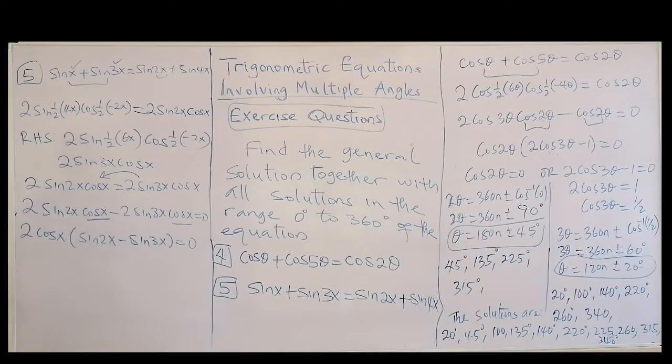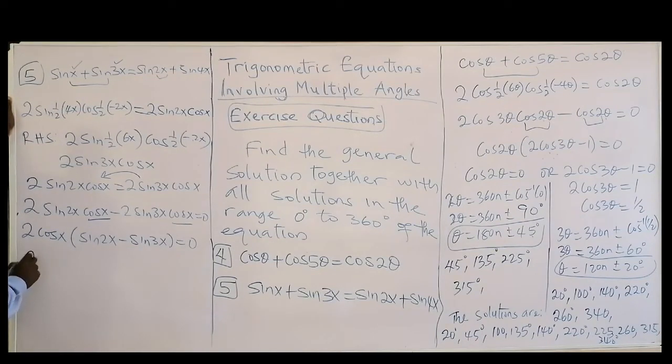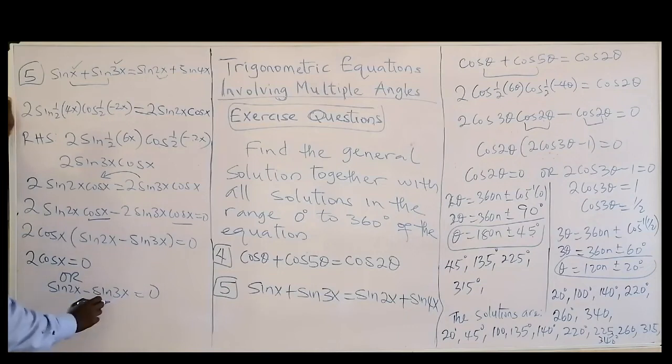So with this now, this will be 2 cos x equal to 0, or sine 2x minus sine 3x equal to 0. So we can still solve this one further using the addition formulae.